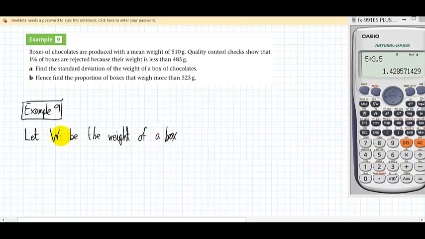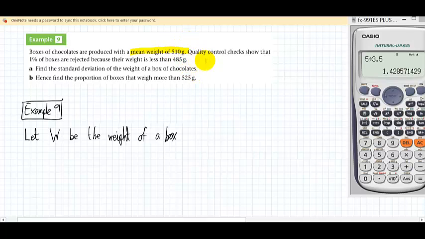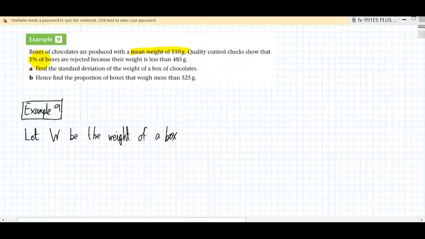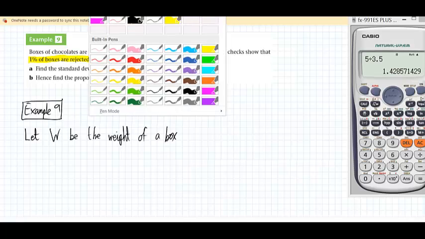That's going to be our random continuous variable. Weight is a continuous variable. And it says the mean is 510 grams, so that gives us one piece of information. It also says that 1% of the boxes are rejected because their weight is less than 485 grams.